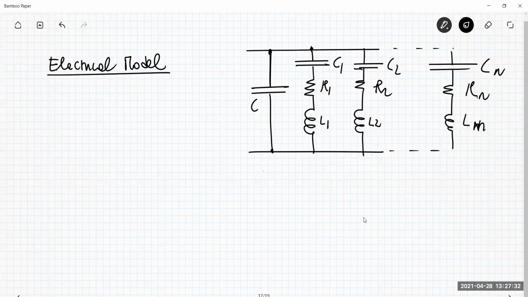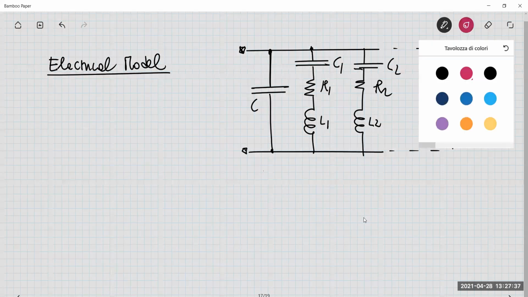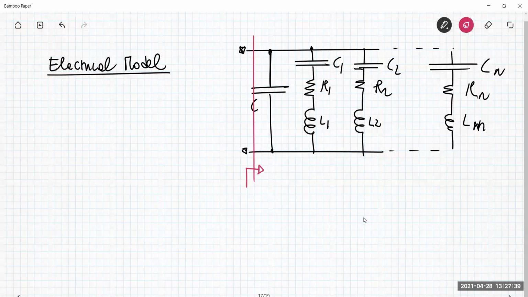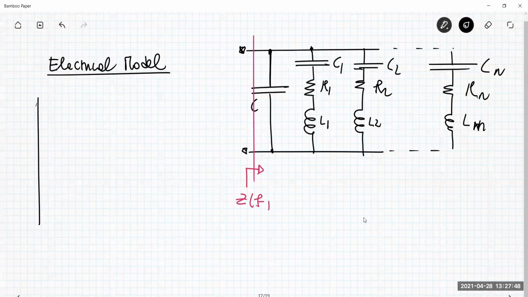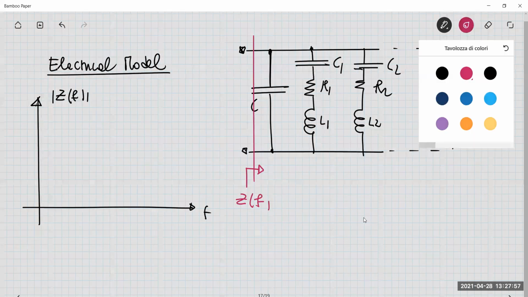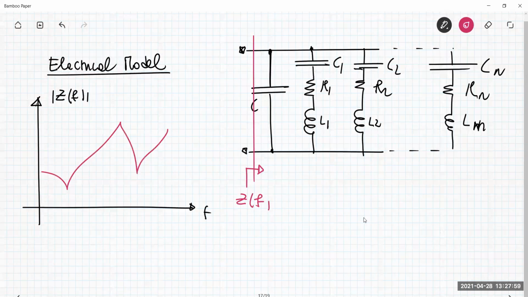So if you look at the impedance of this circuit, basically from the input terminals, if you look at the impedance versus the frequency, you can see something like this, etc. Several resonance and anti-resonance behaviors.